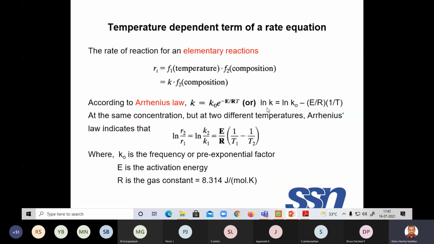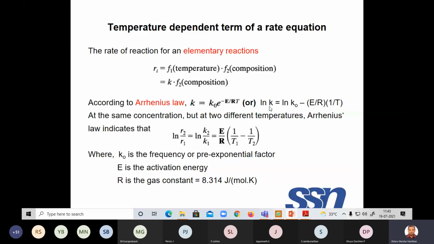We want how the rate changes with respect to temperature. So for that, you can put different temperatures, T1 and T2. Let at temperature T1, K be K1. At temperature T2, K be K2.